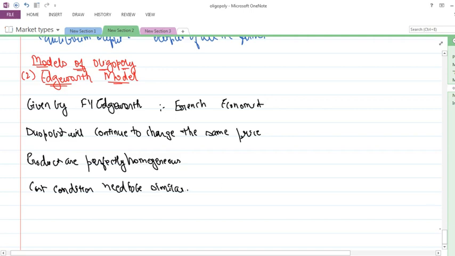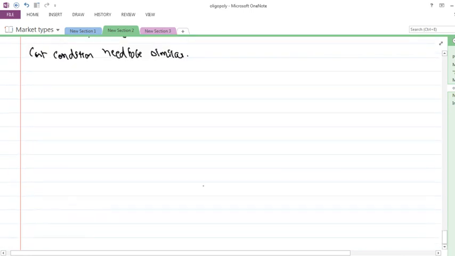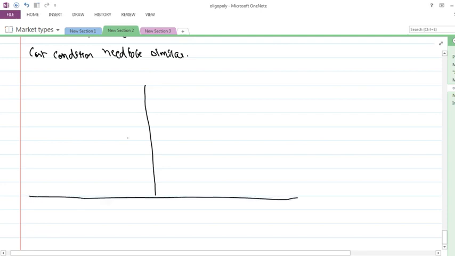Edgeworth's model can be understood with the help of the below figure. So what we find is that Edgeworth model is like a triangle.